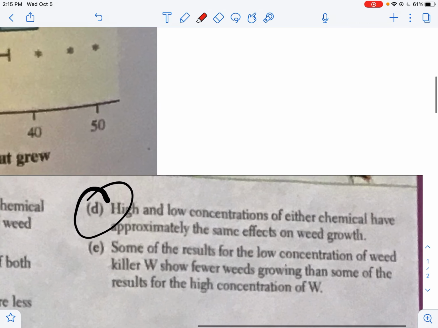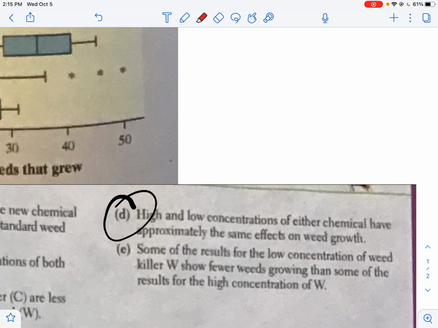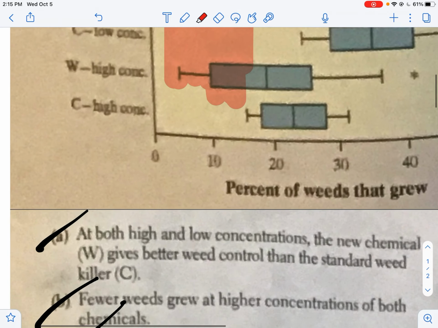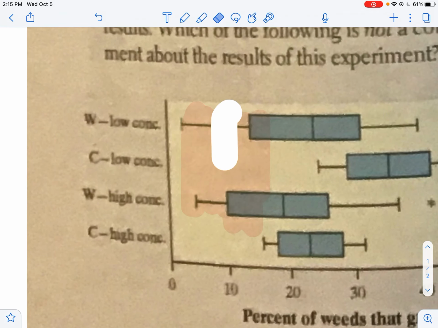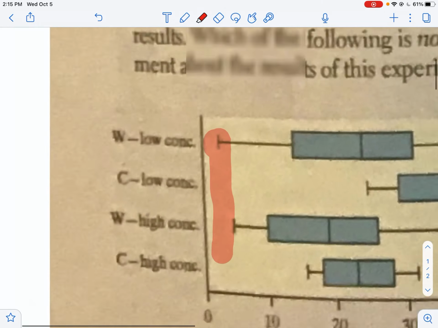Let's check out E. Some of the results for the low concentration of killer W show fewer weeds growing than some of the results for a higher concentration of W. We were just talking about that. It says some of the low ones. If you look at the low concentration here, we're getting some lower percentages that you aren't seeing at the high concentration.